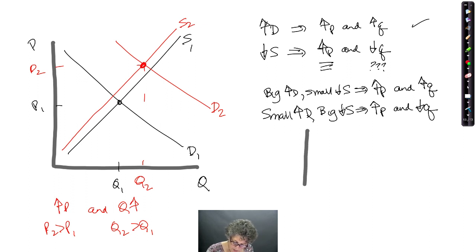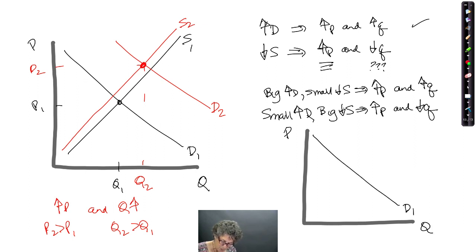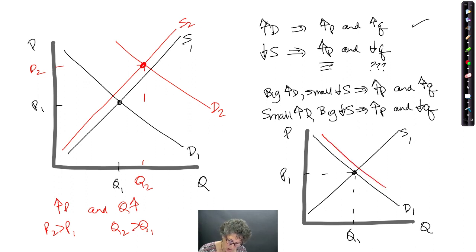On the other hand, suppose that we have the small increase in demand and the big decrease in supply. Let me draw that down here at the bottom. So we have demand D1, supply S1, initial equilibrium, price P1, quantity Q1, and now I'm going to have a small increase in demand, demand D2, a big decrease in supply, supply S2.